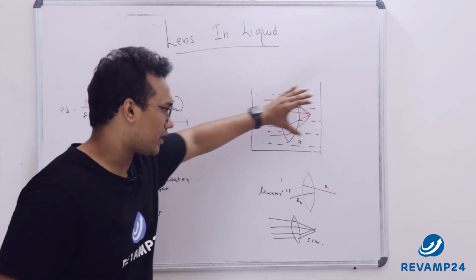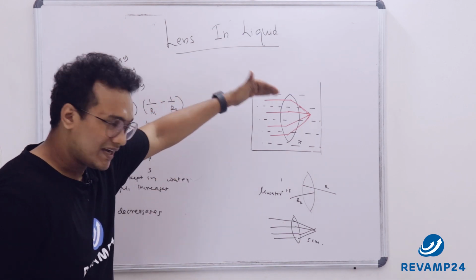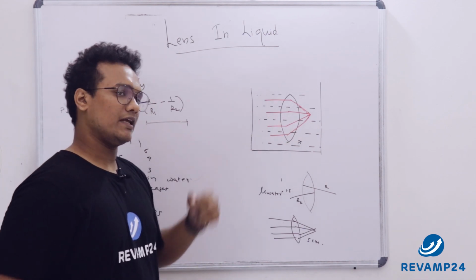It needs more distance to bring all the rays to one point, so the bending power of the lens decreases when it is kept in such a medium.